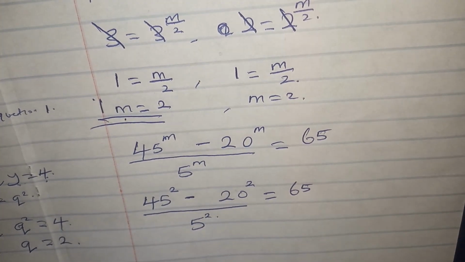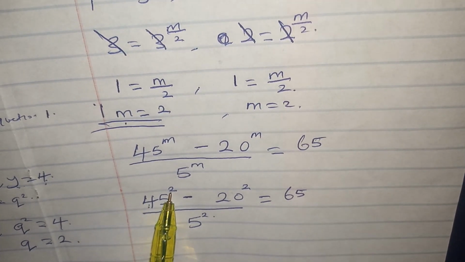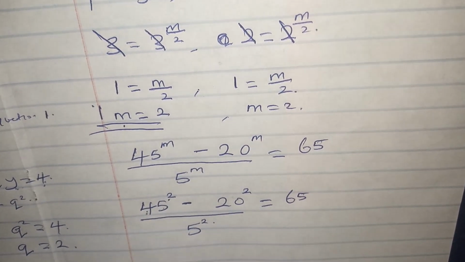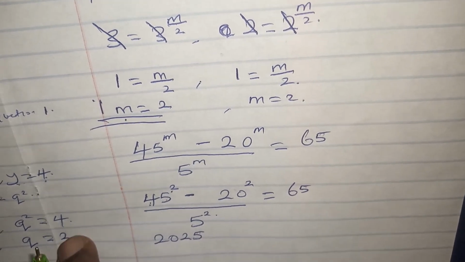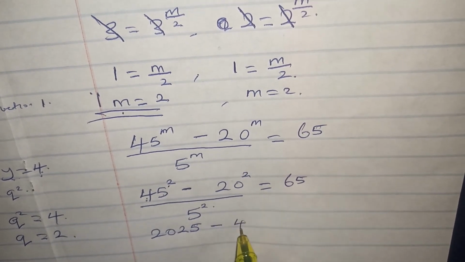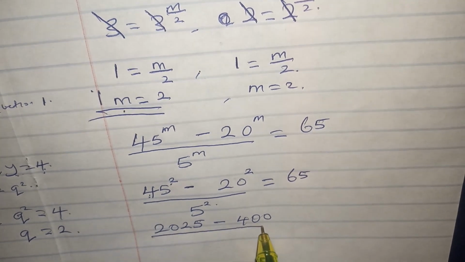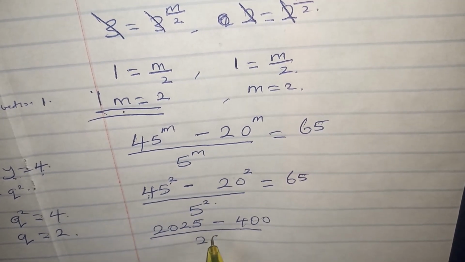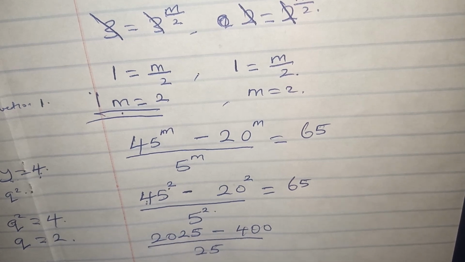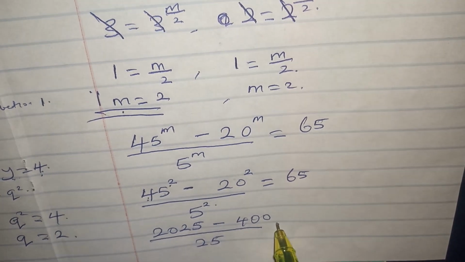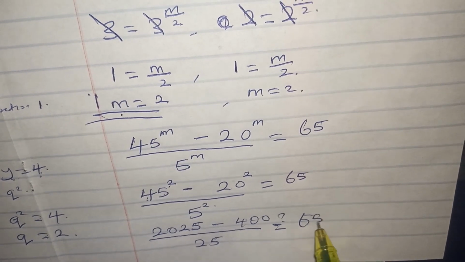Okay? Having this, 45 to the power of 2 is going to give us 2025. So 2025 minus 400 over 25 equals 65.